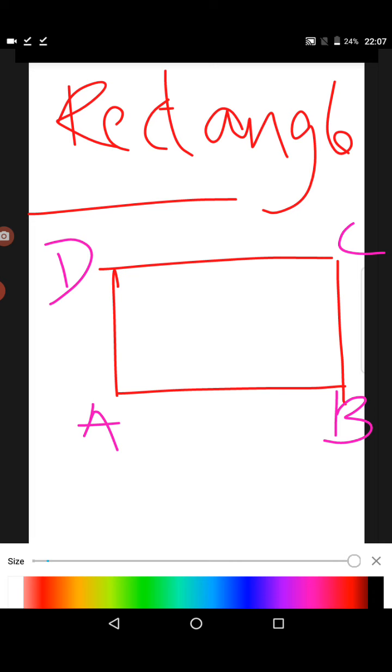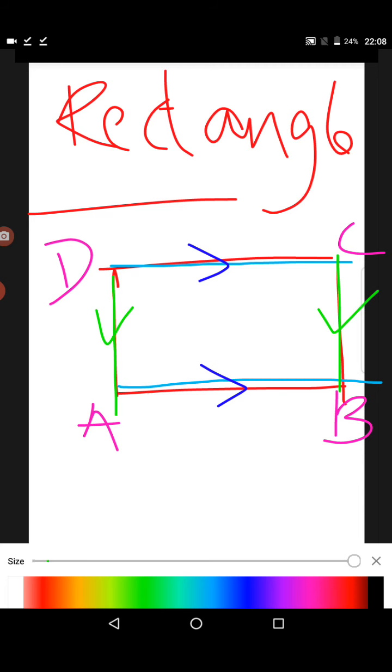Opposite sides are equal and parallel. Opposite sides, these sides. These two I'm marking with blue color, and they are parallel. Parallel is nothing but a small arrow mark, right? Not only these two, the other two also are there. So let's do that also. These two I'm marking with green. Check it out. So they are also parallel and equal.